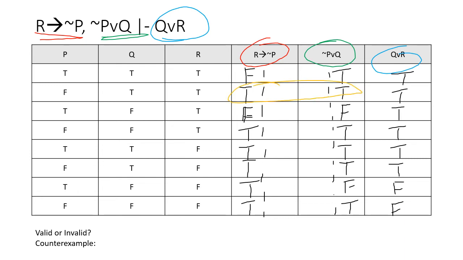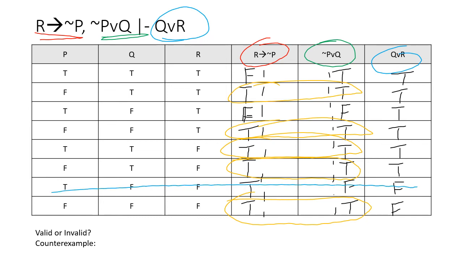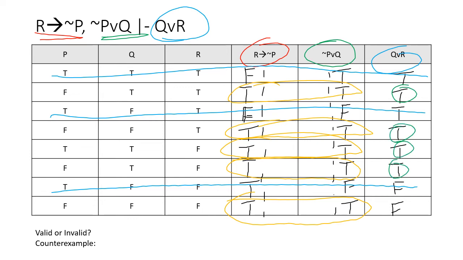True premises here, true premises here, true premises here, true, and true. And if we look down through here, I'm going to cross these out since we've got so many. So the conclusion is true, true, true, true, but we do have one false, so that makes it invalid.